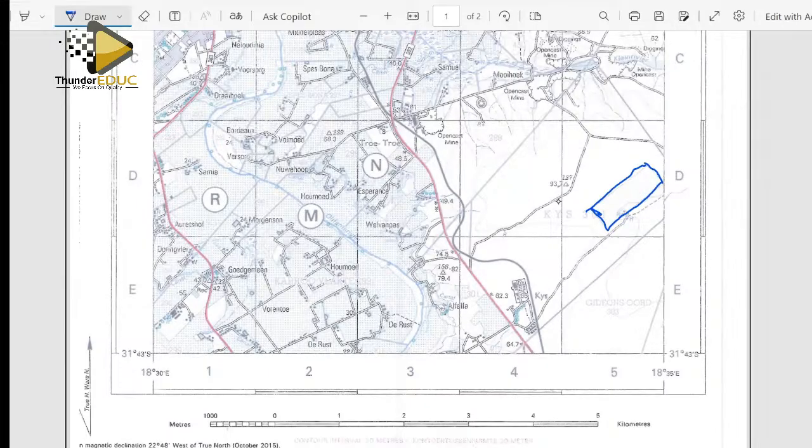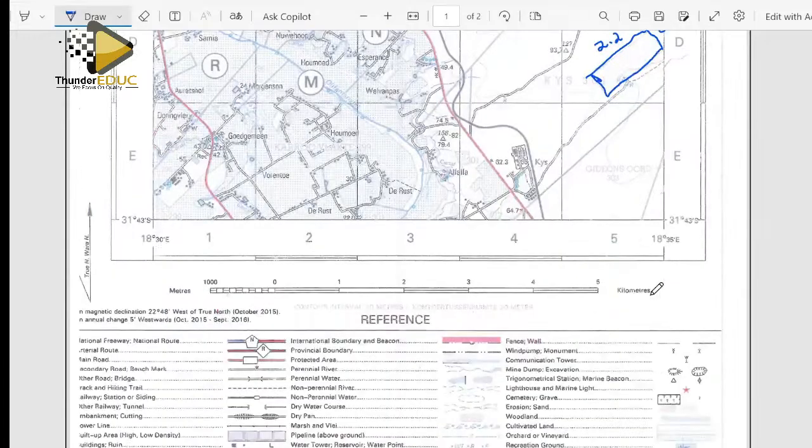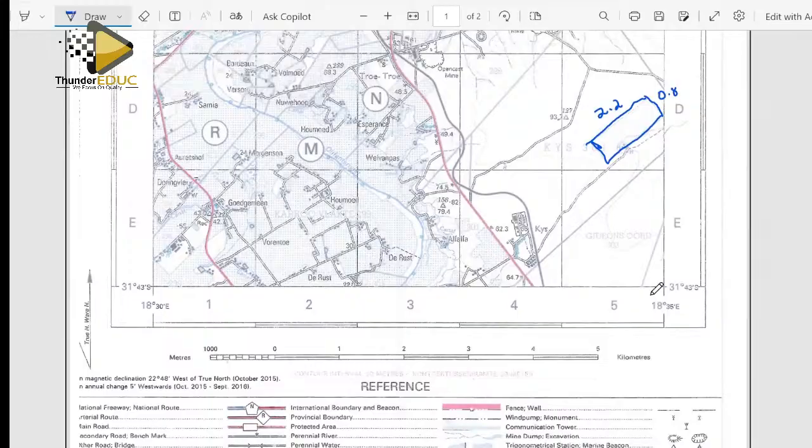Right, according to my measurements, if I were accurate enough, I got 2.2 centimeters for the length, and for the width I got 0.8 centimeters. We use those two measurements to calculate the area.